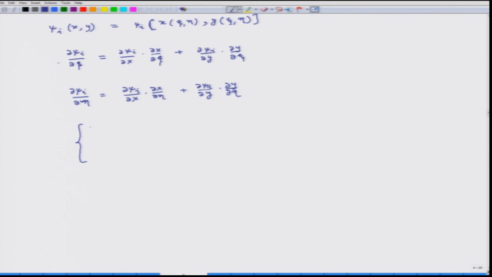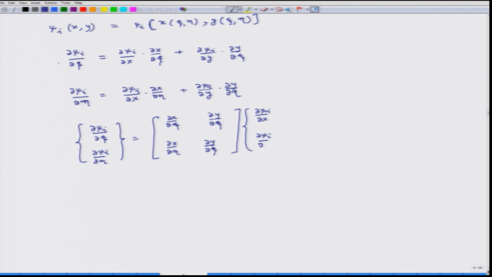Or I can write this in a matrix form: del psi I over del zeta, del psi I over del eta equals a 2 by 2 matrix, and in this 2 by 2 matrix I have del x over del zeta, del y over del zeta, del x over del eta and del y over del eta, times del psi I over del x, del psi I over del y.